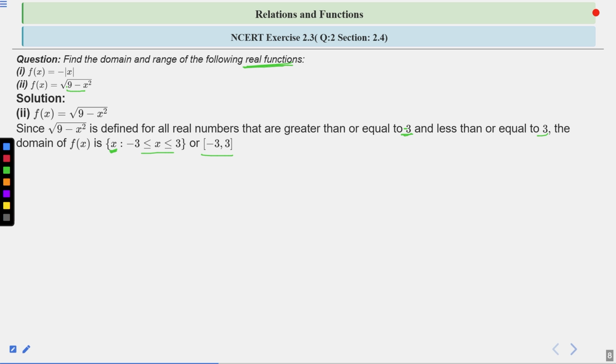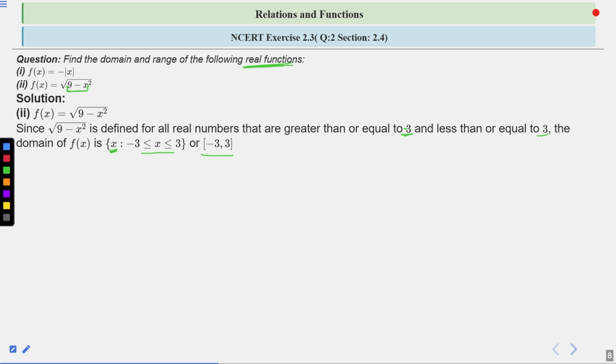Then what will be this expression 9 minus x square? This will be 9 minus 16, meaning some negative. And you know that root of some negative number is a complex number, not real. So we are not going to give x less than minus 3. We are not going to provide any such real number as input to this function.